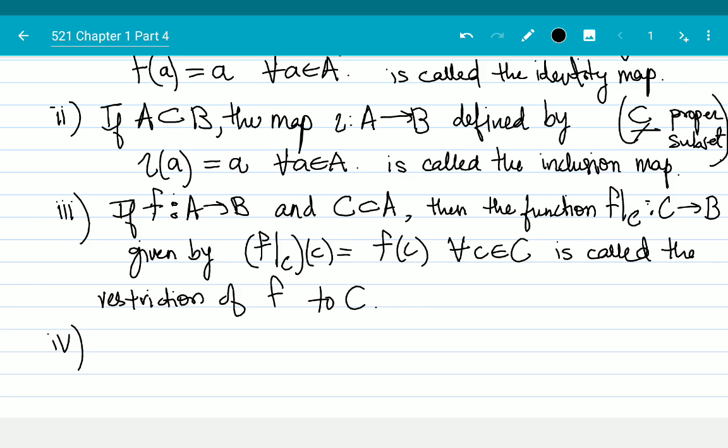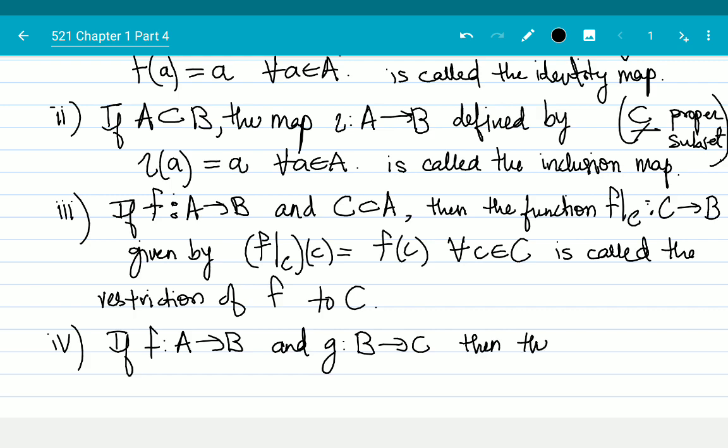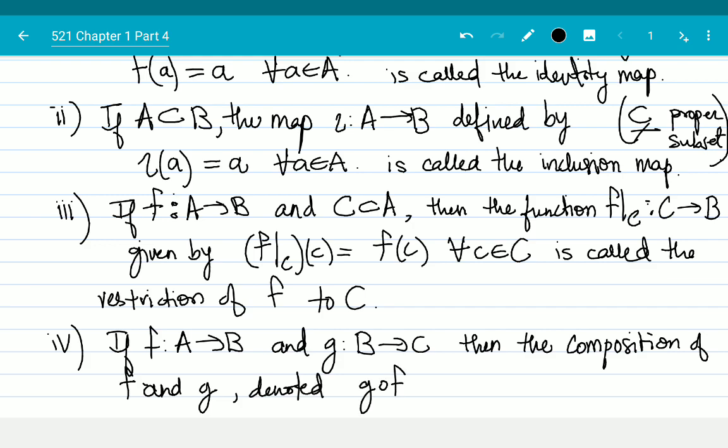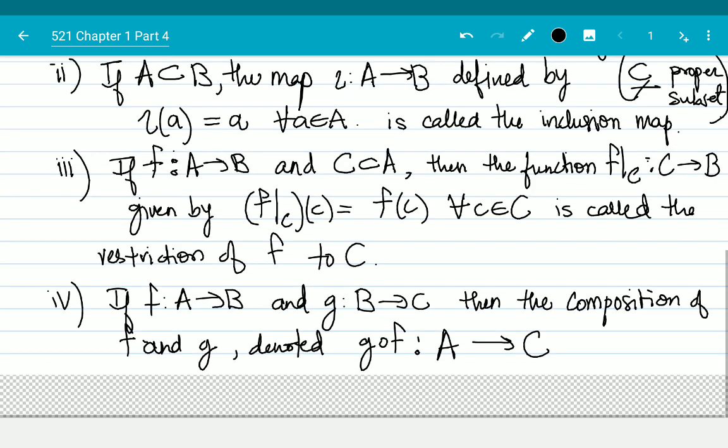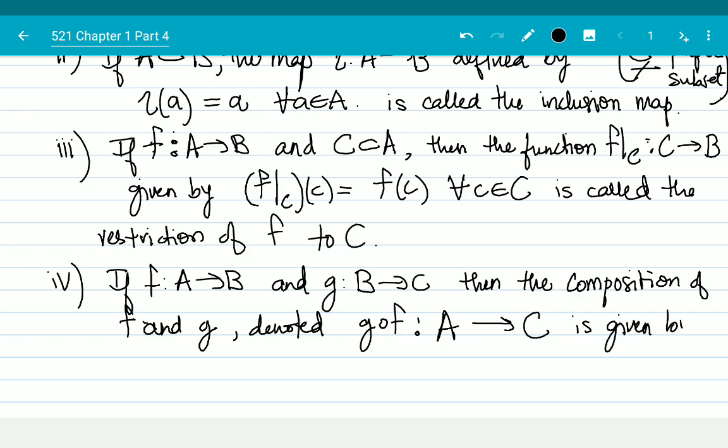Number 4. If f goes from A to B and g goes from B to C, then the composition of f and g, denoted g o f, goes from A to C and is given by g o f of a is equal to g of f of a, right?